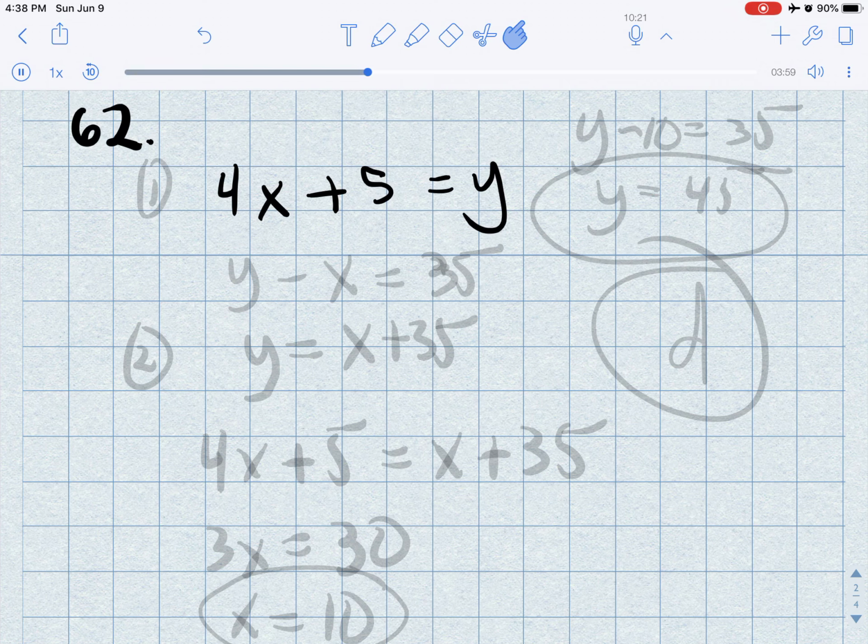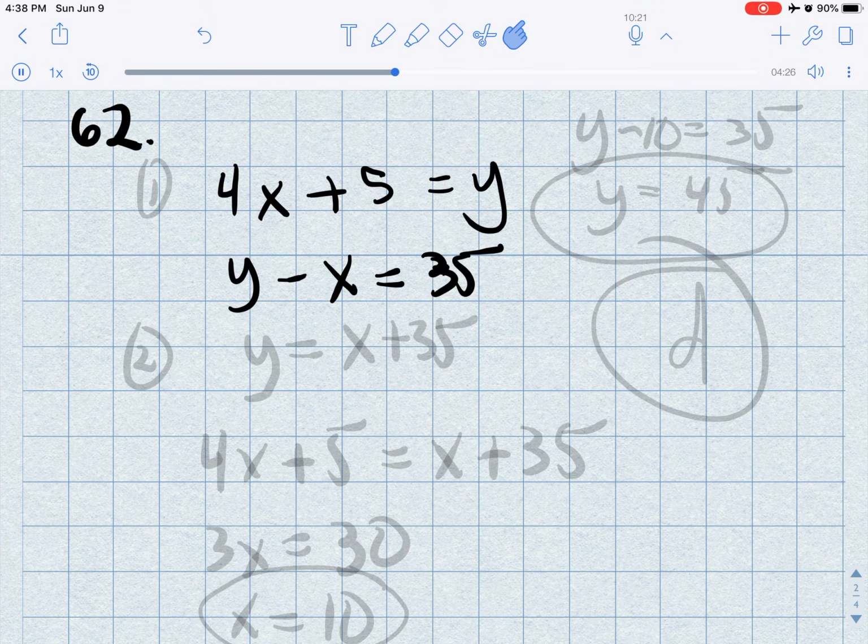Which one, based on the way this looks, do you think is longer? The one that is y is longer, because the other one you've got to multiply by 4 and then add 5 to it just to equal y. So when you write that second equation, the difference in their lengths is 35. Start with the bigger minus the smaller equals 35, right?